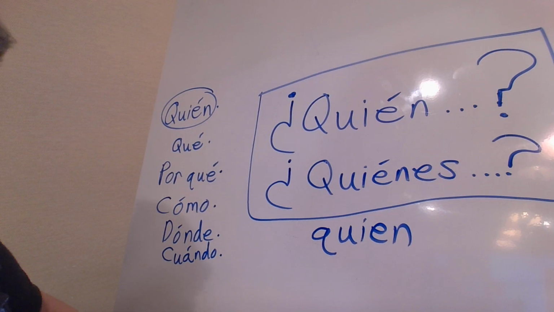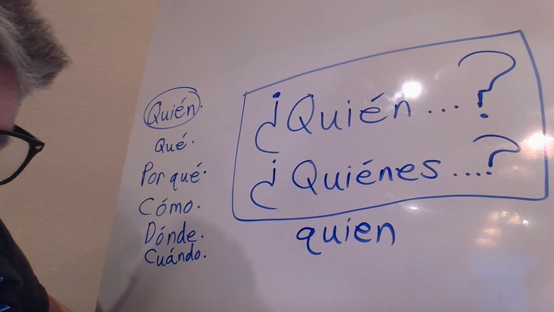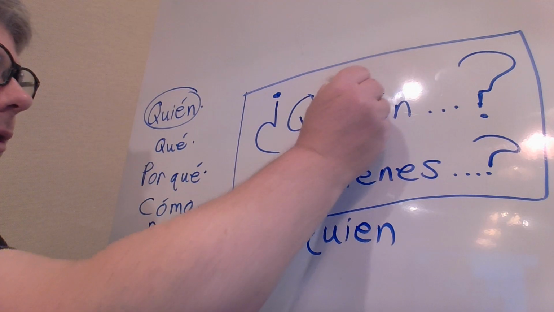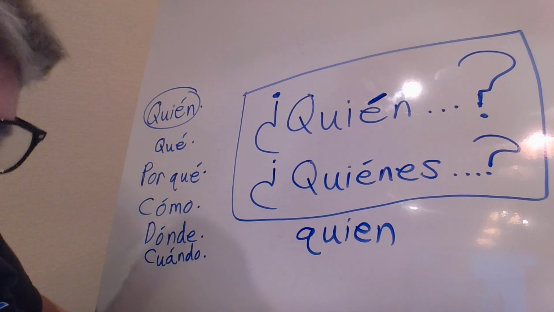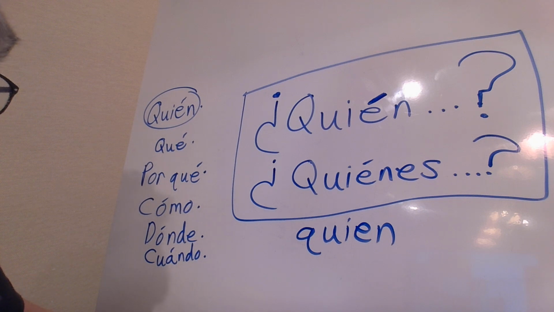So again, quién or quién es has that wonderful accent. And I usually tell my students to make a math connection that the accent over the vocales, el acento sobre vocales, is like in mathematics.